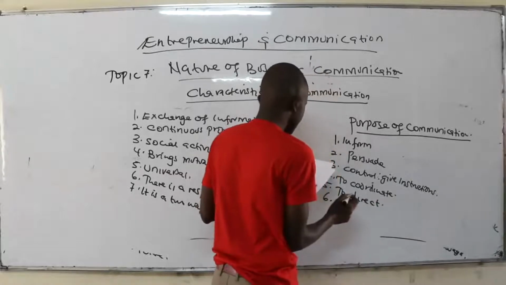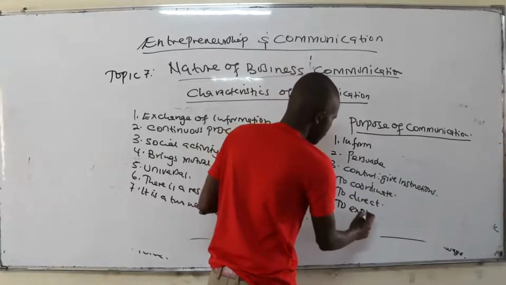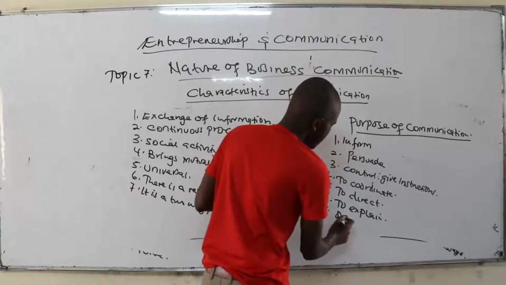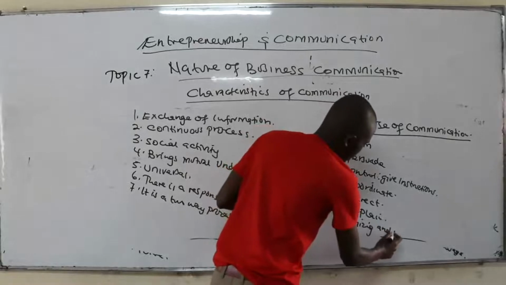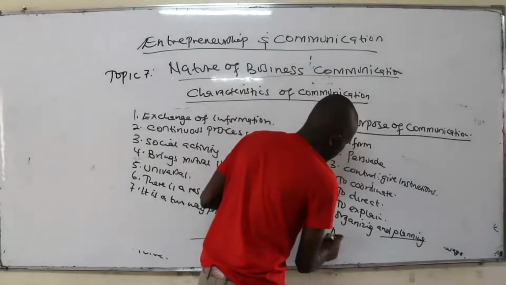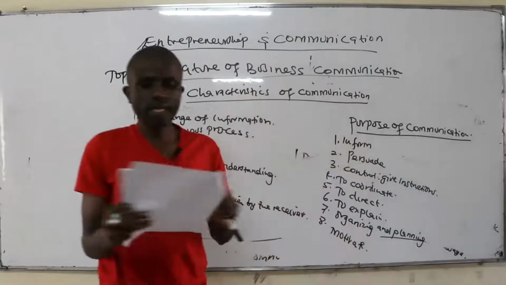Number six, to explain. Seven, organizing and planning. And even to motivate. Those are the areas where communication is used.